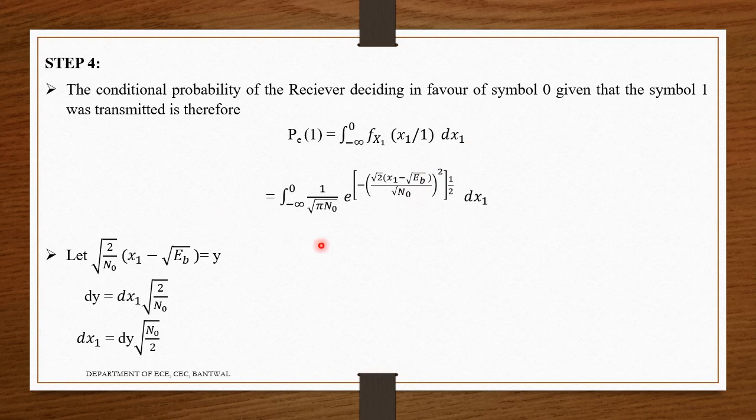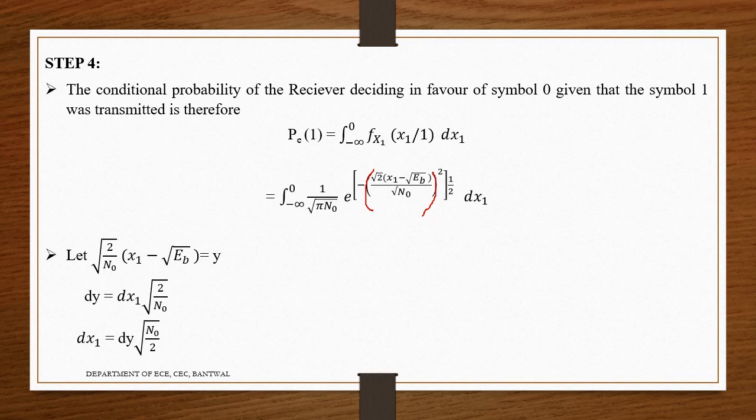So what we got from step 3, I am representing here. And one more thing, that is multiplying and dividing by 2. So you can see 1 by 2 here. When I take the 2 outside, I have taken it within this bracket here, so I need to make it square root of 2, because when I take it outside, square root and square get cancelled, and if we take out 2 by 2, again it will get cancelled.